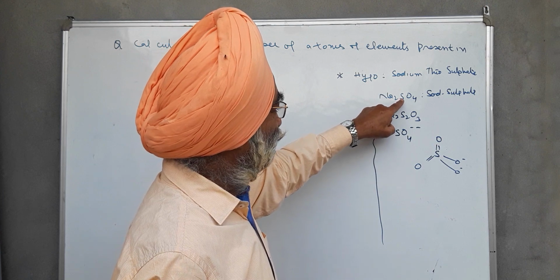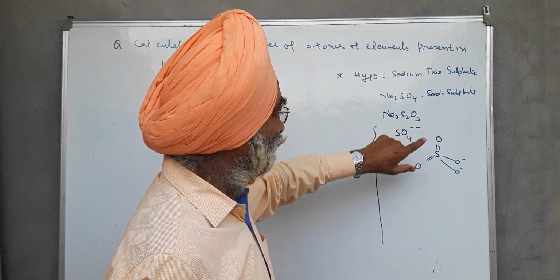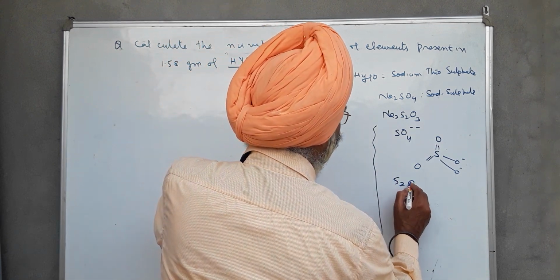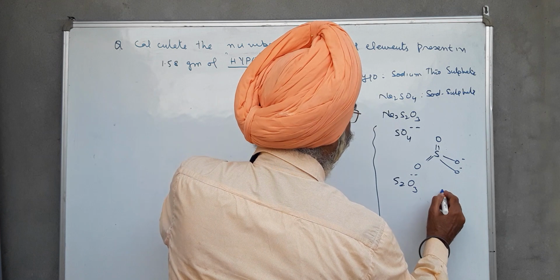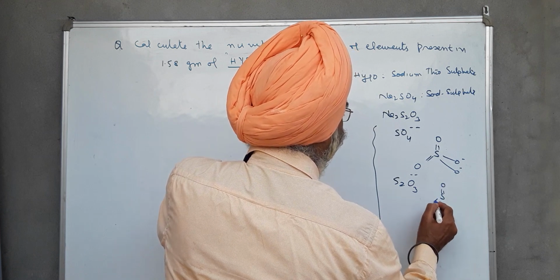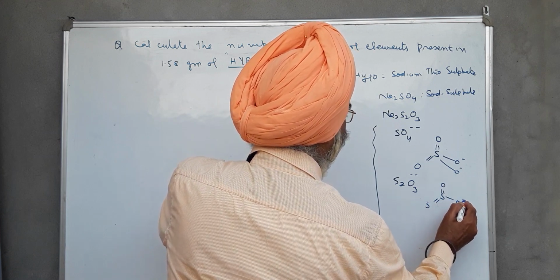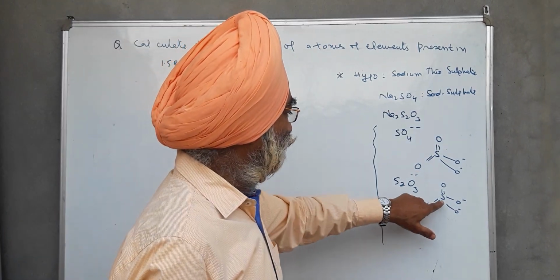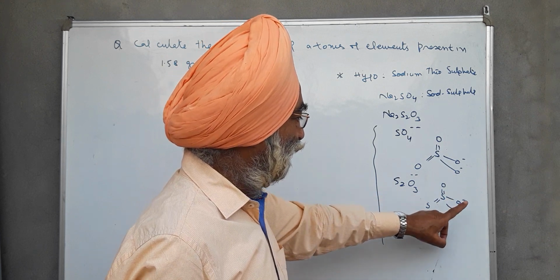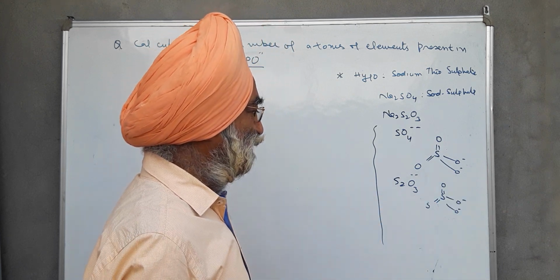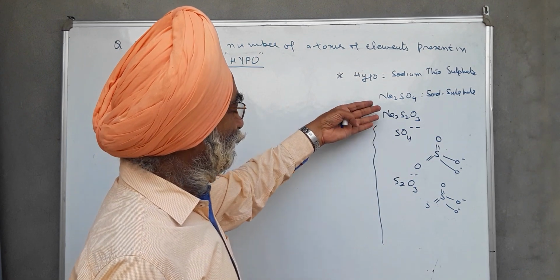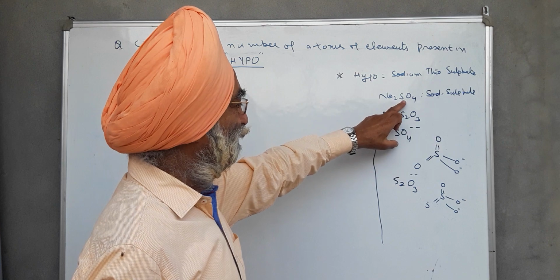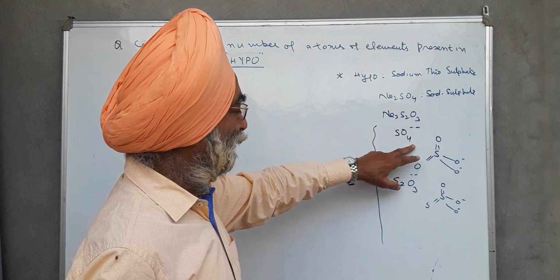With the increase in the number of sulfur atoms, the thiosulfate is S2O3: one sulfur at the center, with O negative and O negative, and S2 and O3, negative charge carried by oxygen. So this is the additional information, the difference between sulfate anion and thiosulfate anion.